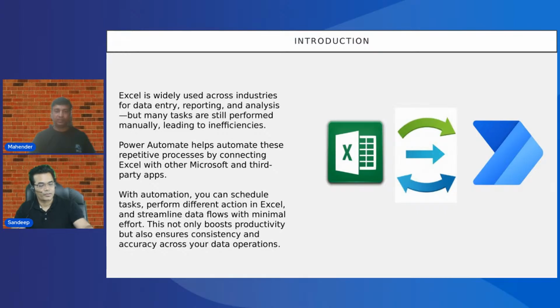Let's jump into our first topic, introduction. Today we are going to talk about how we can do automation if we are using Excel. There are lots of small business owners and medium-sized business owners who are still using Excel for their day-to-day activities and keeping their data in Excel.